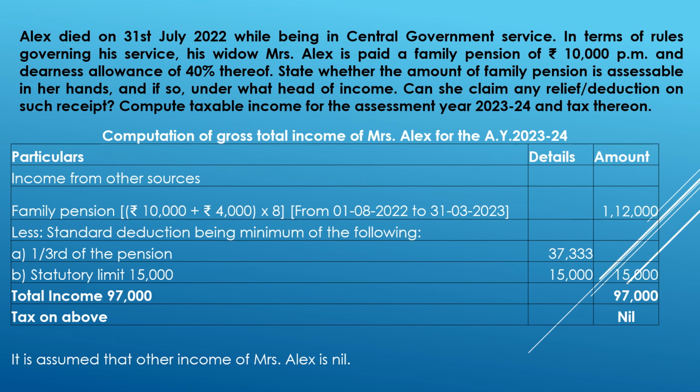The standard deduction says one third of the pension, so 1,12,000 divided by 3 gives 37,333. And the standard deduction limit is 15,000. Whichever is lower, we'll have to consider for the deduction. Here we can see that 15,000 is lesser. So out of the 1,12,000 you have to reduce 15,000, and the balance amount 97,000 is the total income. Tax on the above income is nil because it has not crossed the limit.